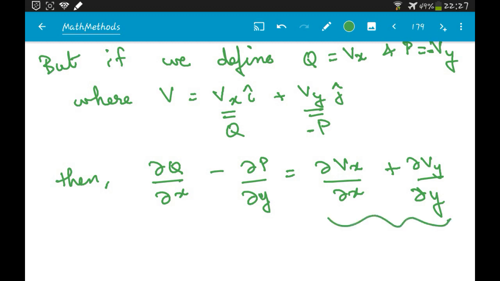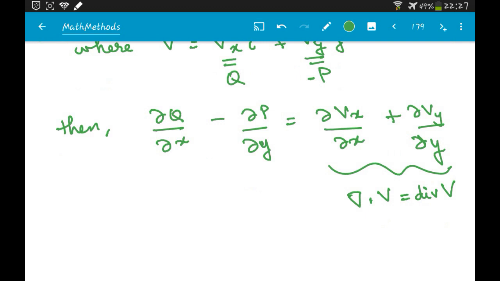This is nothing but del dot V, which is the divergence of V, with the component Vz equal to 0, because we didn't have a Vz in our vector field. So Vz was 0, and this is our divergence of V.